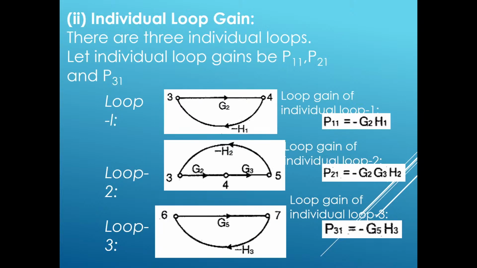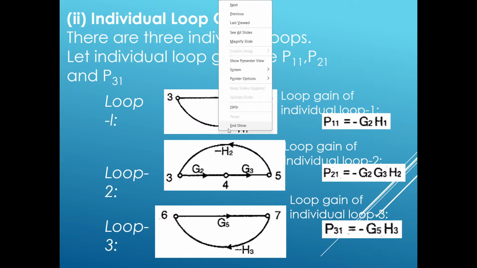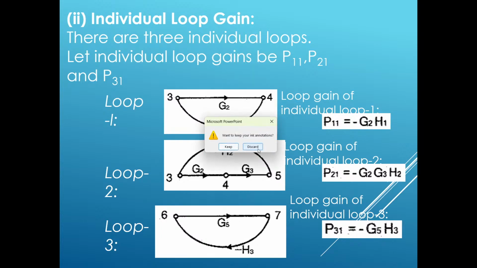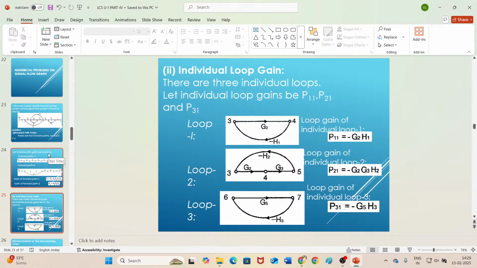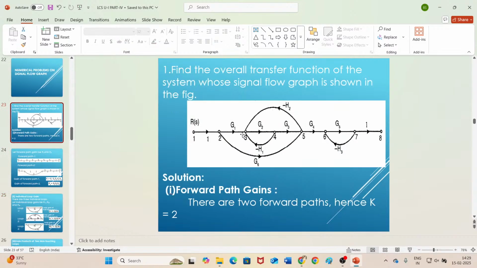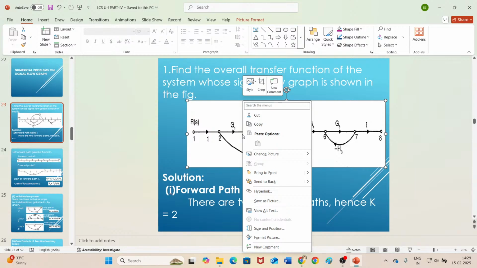Now let us see the individual loop gains. In order to determine individual loop gains, we must know the individual loops in the given system. Step number 2 is individual loop gains.